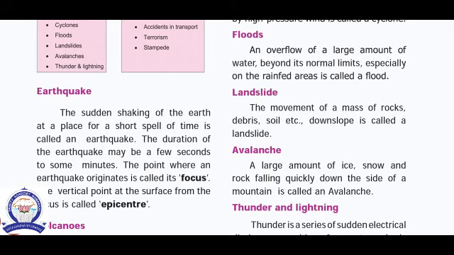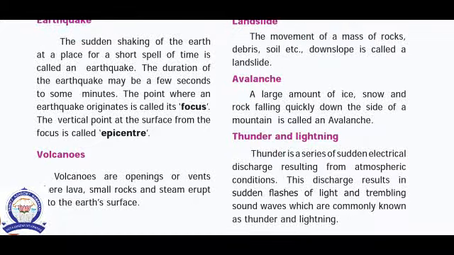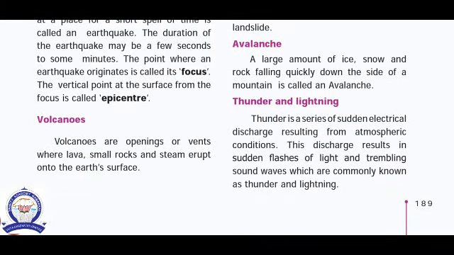Landslide. The movement of a mass of rocks, soil, etc. downslope is called a landslide. Avalanches. A large amount of ice, snow and rock falling quickly down the side of a mountain is called an avalanche. Thunder and lightning.